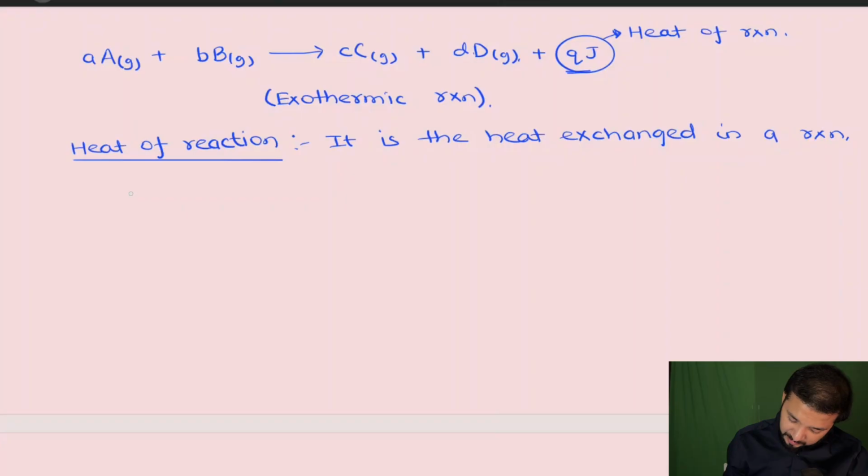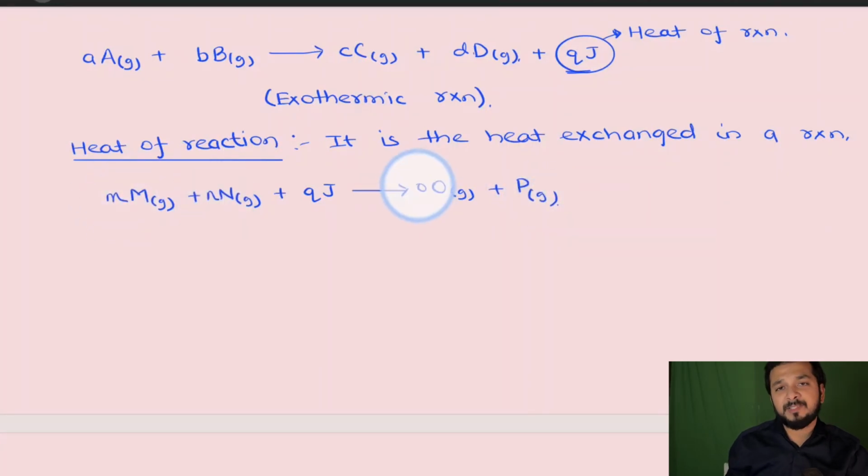Let's say if I'm having a reaction like M gas plus N gas plus Q joule is giving us O gas plus P gas. Let's write stoichiometric coefficients m, n, o and p.